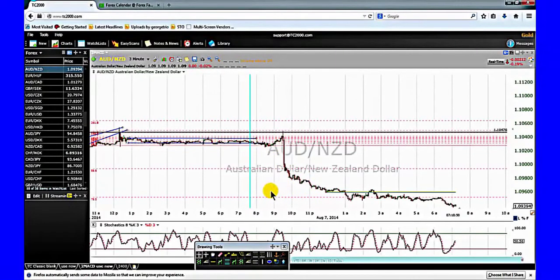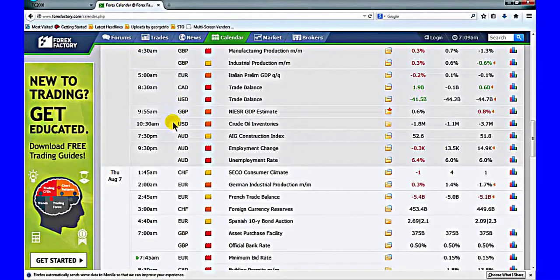But you have to understand, when it was exactly 7 p.m. Eastern time, that was midnight in London, we didn't see any activity. We didn't see any activity because why? Exactly 2 hours, 30 minutes later, which is 9:30 p.m. Eastern Time, we have the employment change and also the unemployment rate.